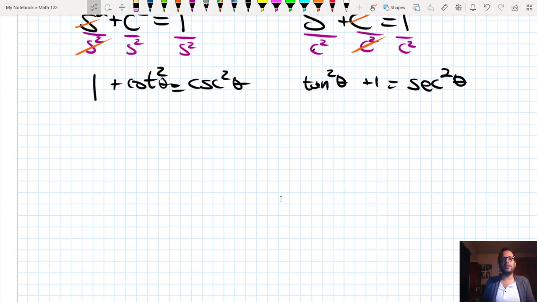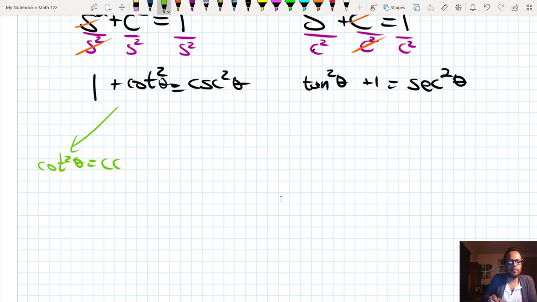And now the trick is we need to be comfortable playing with these two new identities. So on the one hand, this gives rise to two identities. Number one, cotangent squared equals cosecant squared minus 1.